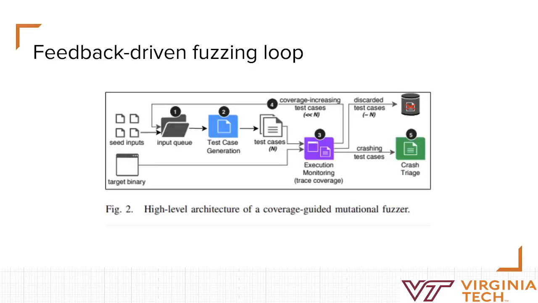The most obvious naive way of doing fuzzing would be to just generate a stream of completely random bytes and then feed that to the program you're testing. But modern fuzzers have to be a little more intelligent to get good results. So they will typically do something that's called feedback-driven fuzzing, which works like this.